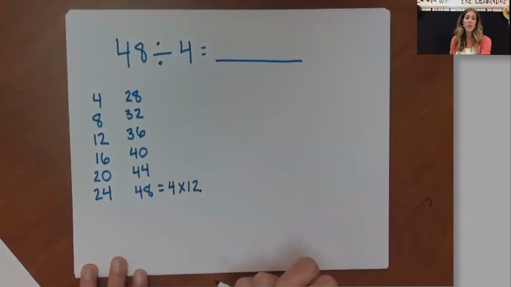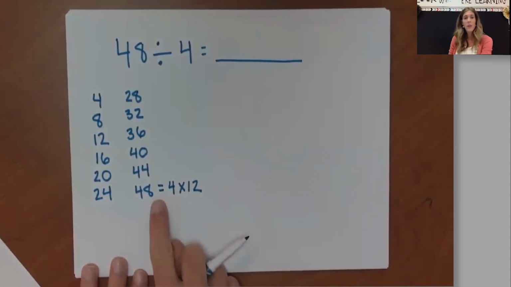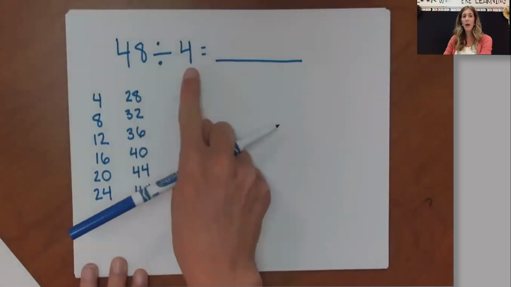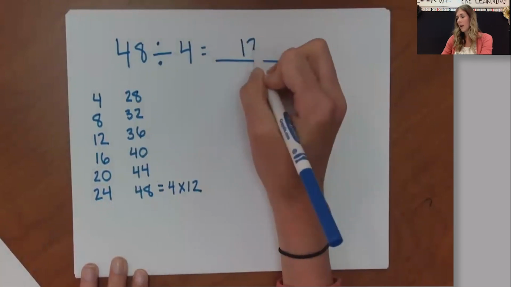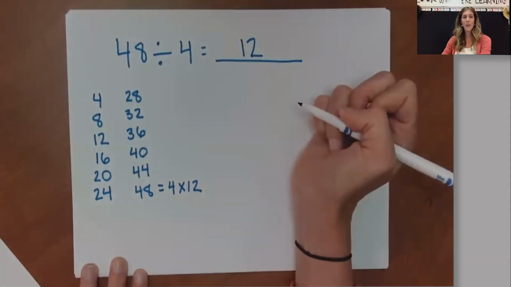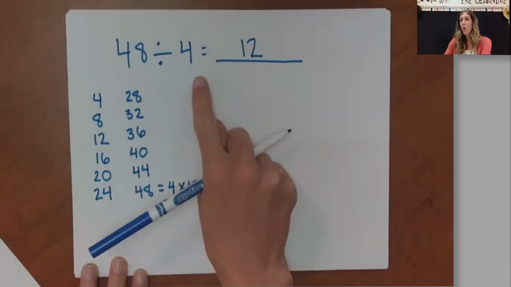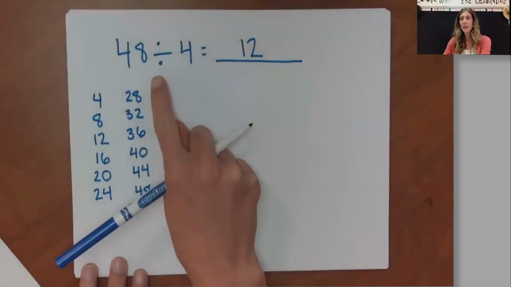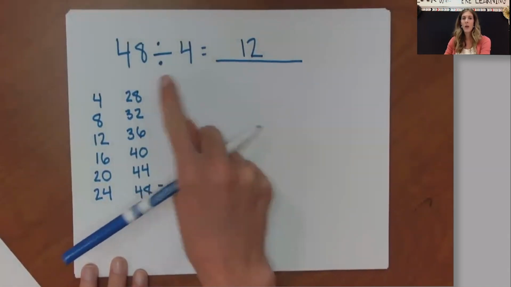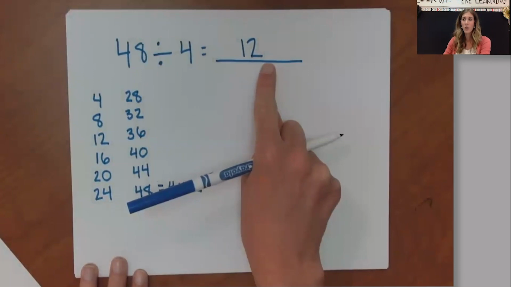Remember that multiplication and division are related. We know that 4 times 12 is 48. So that also means that 48 divided by 4 is 12. The division sentence says that 4 goes into 48 12 times. So 12 is our quotient, or the solution to our division problem.